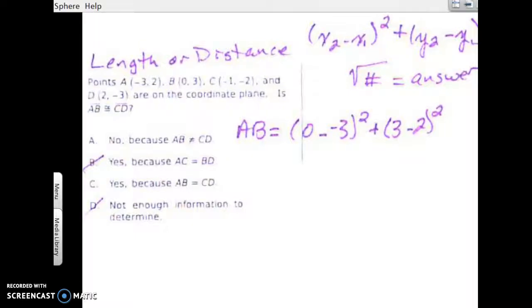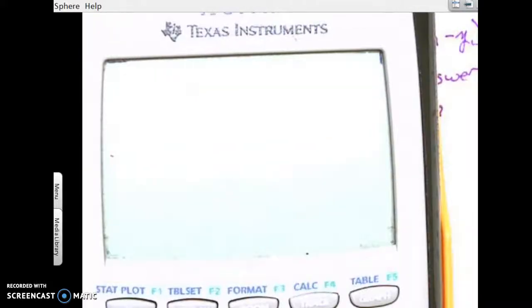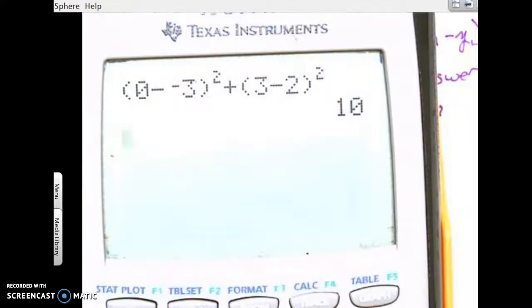When I punch that in my calculator, parentheses 0 minus negative 3 close squared plus parenthesis 3 minus 2 close squared, I end up with 10.